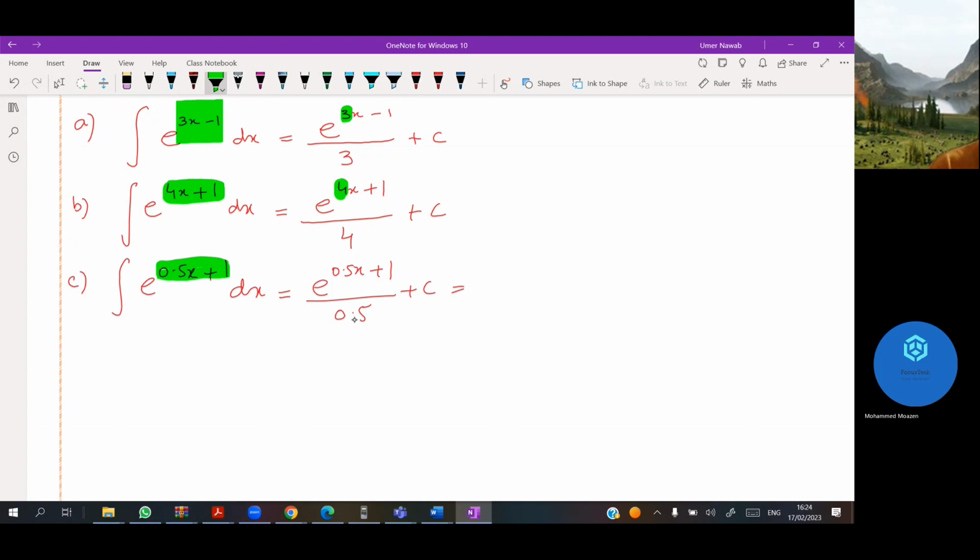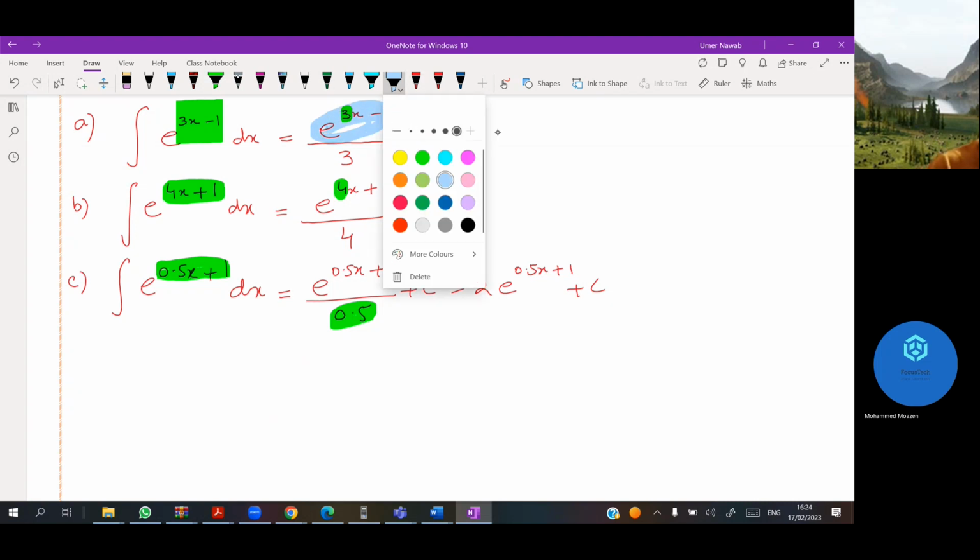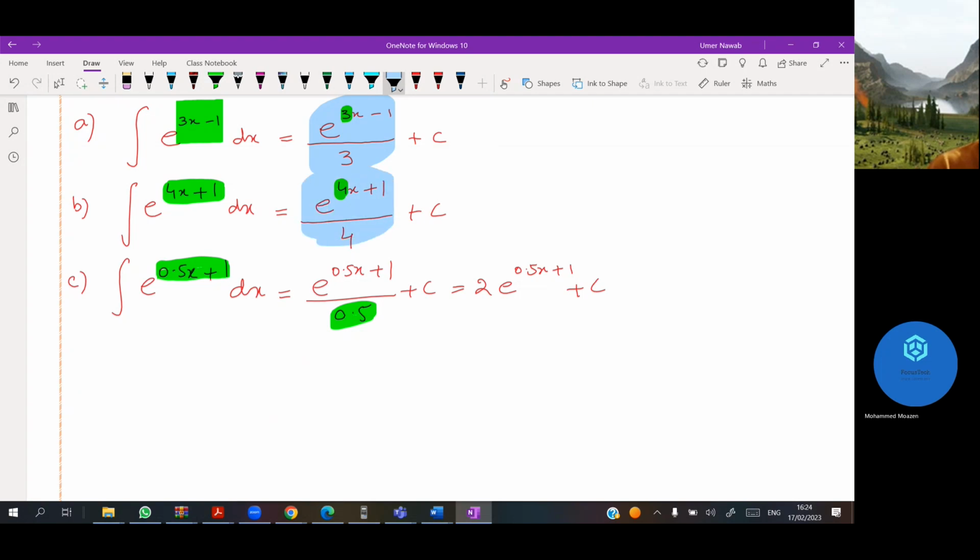If students want to write this with a whole number, this is 1 over 2, so I can also write it as 2e raised to power 0.5x plus 1, plus c. However, it is not very important for us. So this is the answer, but don't forget plus c.